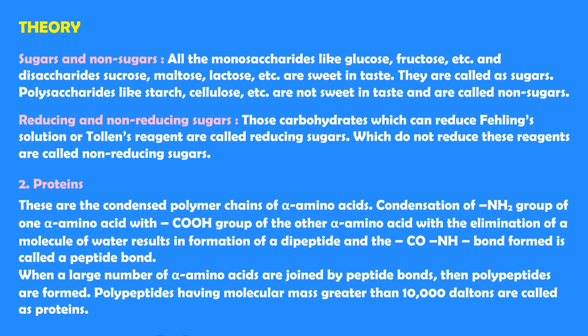When a large number of alpha amino acids are joined by peptide bonds, polypeptides are formed. Polypeptides having molecular mass greater than 10,000 daltons are called proteins.